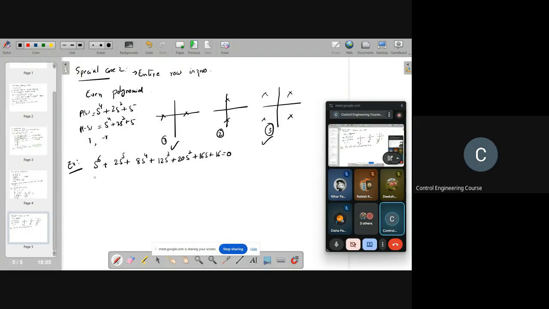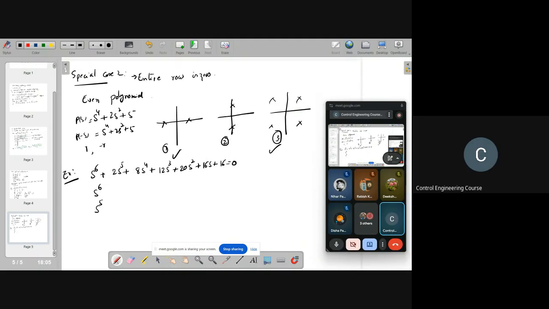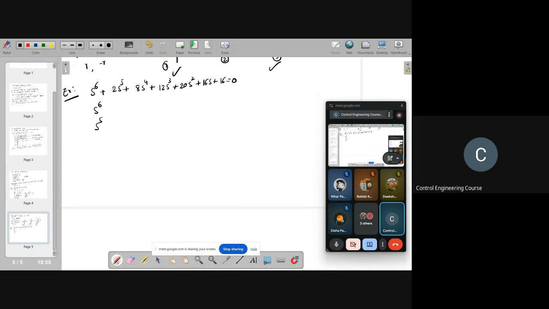Let us take a characteristic polynomial like this. Then to compute the routh array, one thing: if an entire row is a multiple of something, then we can replace it by dividing by the common factor.